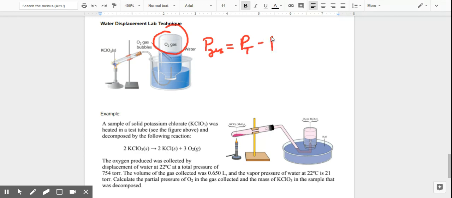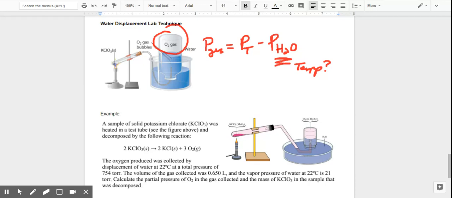I have to subtract the pressure of the water that is present there. Now, to figure out this vapor pressure, I'll have a thermometer stuck into this water bath here, and according to the temperature of the water, I look up a constant to figure out what the vapor pressure of water is at that particular temperature.